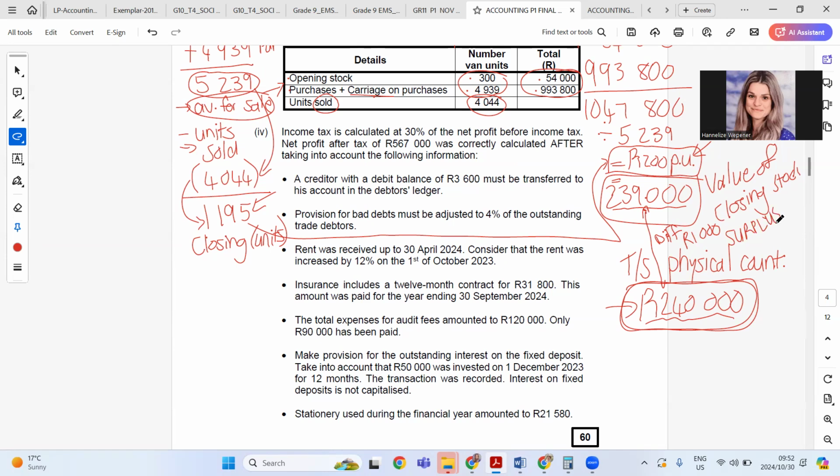If your books are more than what you physically counted, you have a deficit. A surplus is an income, a deficit is an expense. But for this specific question, they only asked you to calculate the value of your closing stock, and that is your 239,000 over there. And that is it.